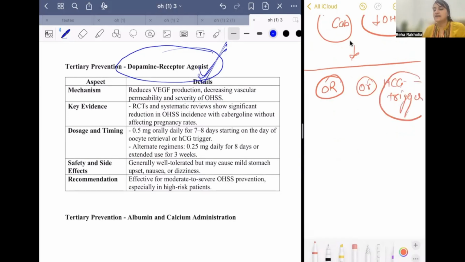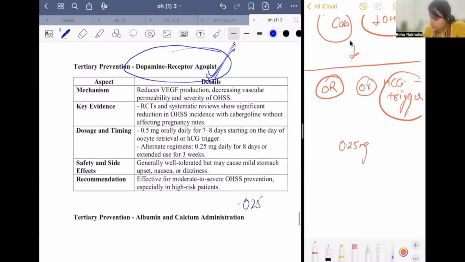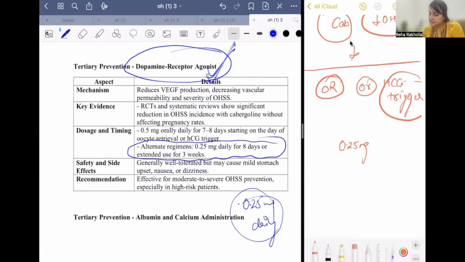There are also alternative regimens like 0.25 milligram daily for 8 days, or extended use for 3 weeks.